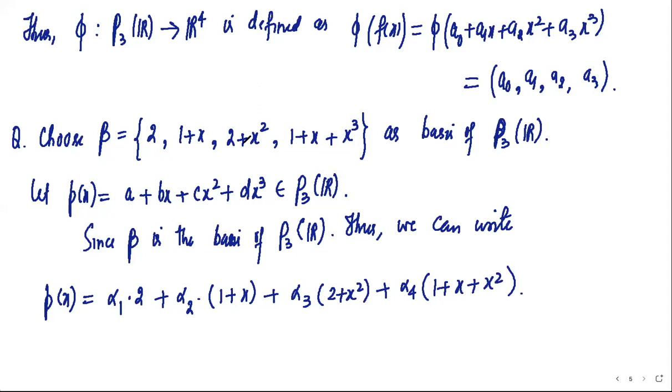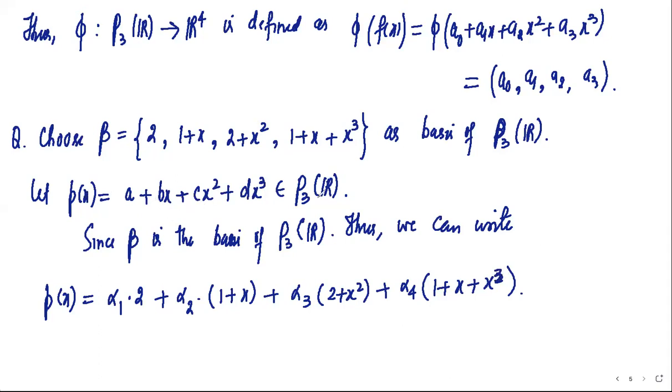We are given this beta is a basis of P3(R) और अब हमने P3(R) से एक एलिमेंट चूज किया p of x which is defined in this way. Now a b c d are some fixed constants, there are some real numbers. तो ये अब यहाँ पे फिक्स्ड है. x cube. It's x cube here.